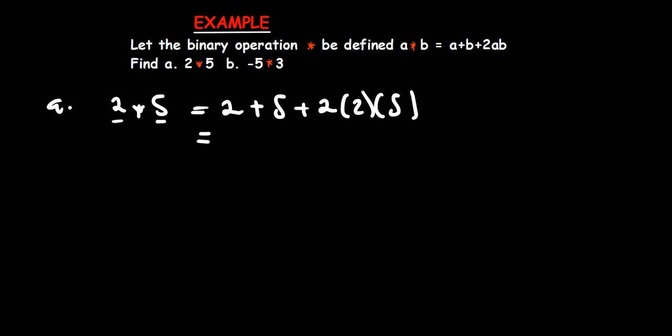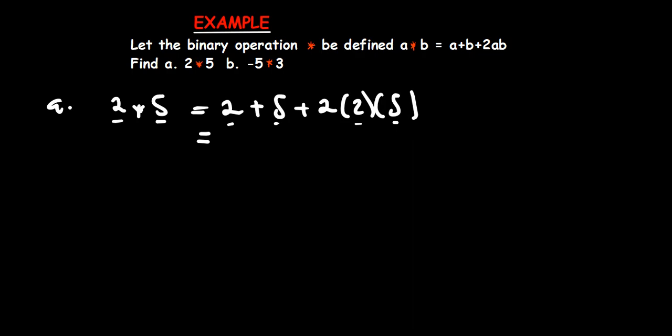Binary operations mean I can only perform two numbers at a go. I can only add two numbers at a go, I can only multiply two numbers at a go. That's how you do these binary operations.